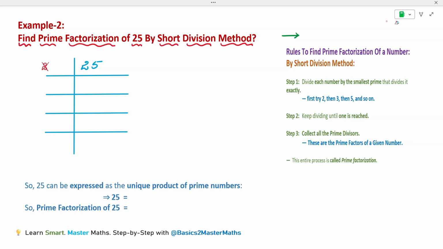Since 2 does not divide 25 exactly, move to the next smallest prime 3.